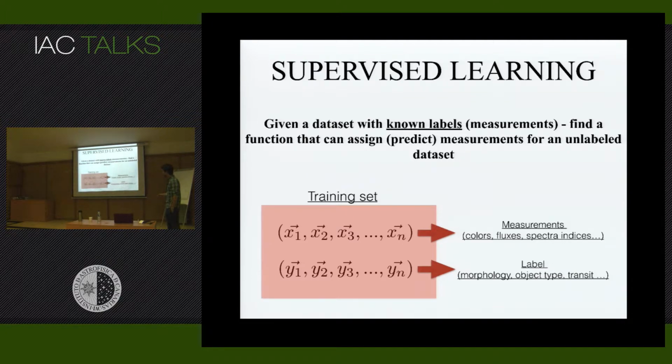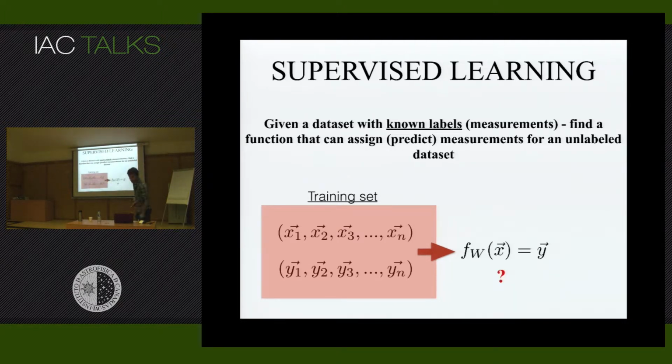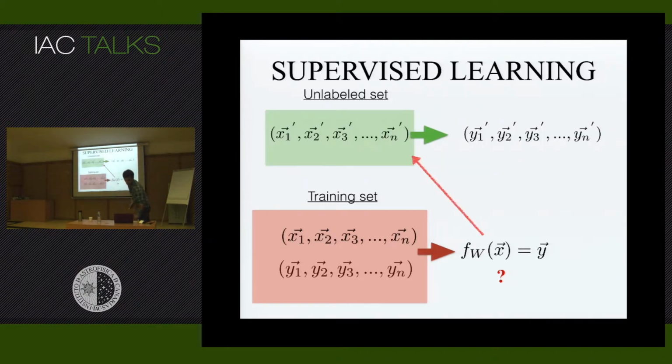And we have a label that we want to predict, which could be morphology, a transit, or an object type, and we want to learn a mapping between these two. Basically, what we want to learn is this function f that maps between the two, so that when you go to an unlabeled data set, you are able to predict the classes or the parameters, the labels, for this particular unseen data set.